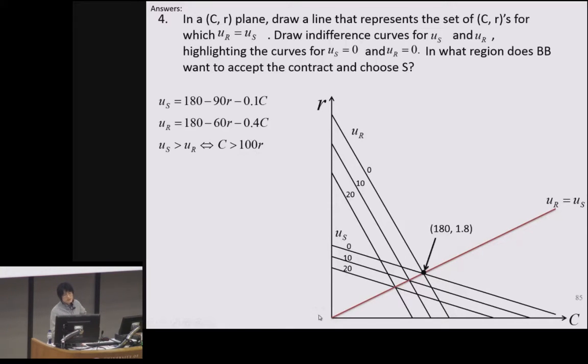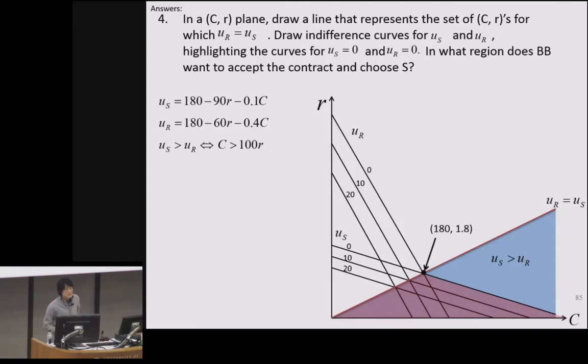If the contract is on this line, C equal 100R, Brown Bakery is indifferent between the safe and risky project. In this blue area below this line, C is greater than 100R, so US is greater than UR. If the contract falls in this blue region, then Brown Bakery prefers selecting the safe project.